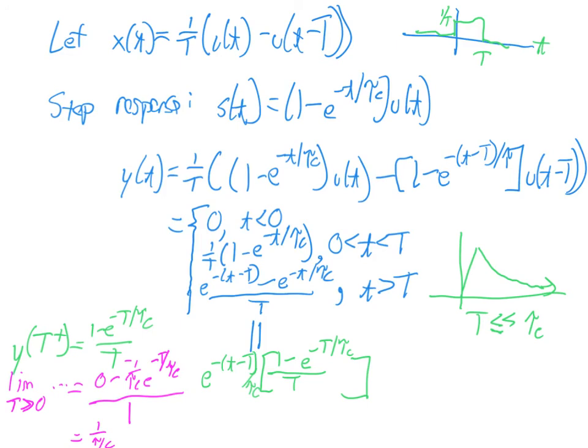Then I have left my 1 over tau c, and this part, which I did not need to apply L'Hopital's to. I just let the capital T go to 0 and it was well behaved, e to the minus t over tau c.